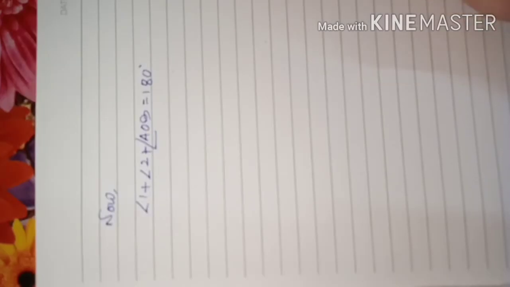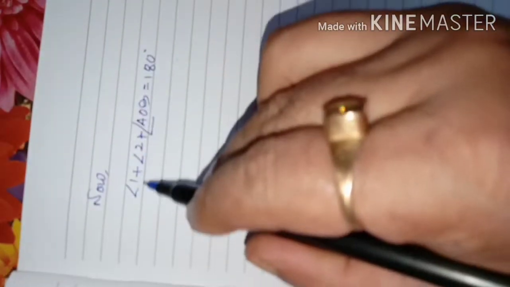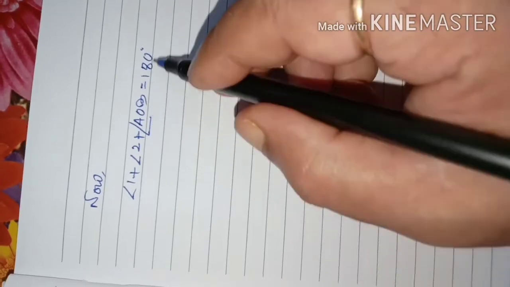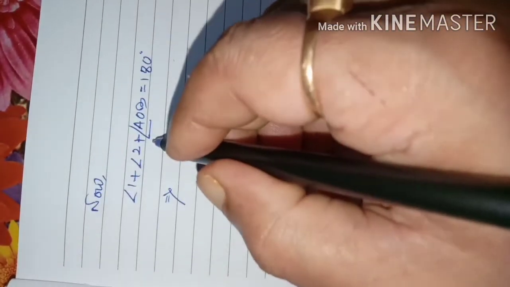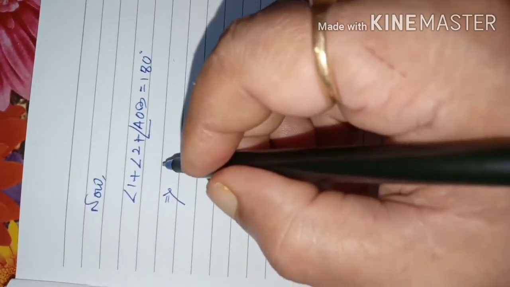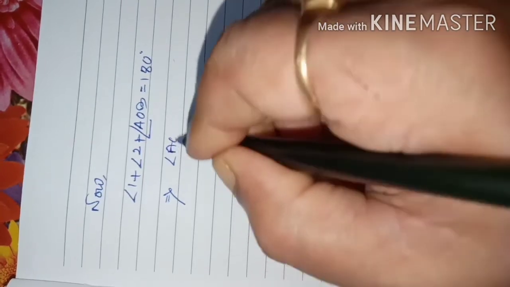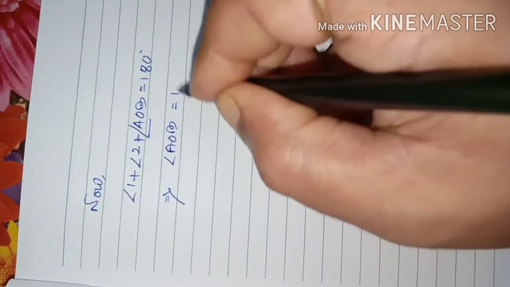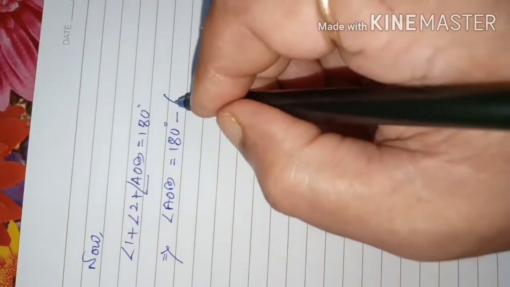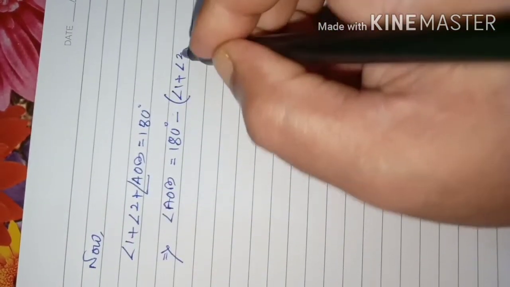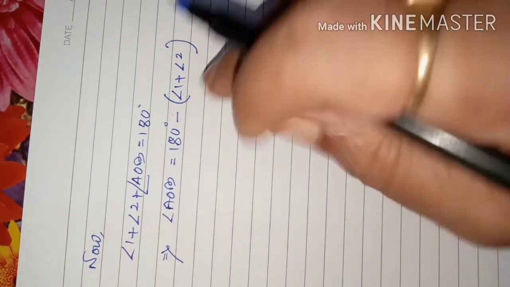So I wrote here angle 1 plus angle 2 plus angle AOB is equal to 180 degrees, by the angle sum property of triangle. From here we can extract angle AOB separately: angle AOB is equal to 180 minus bracket angle 1 plus angle 2.